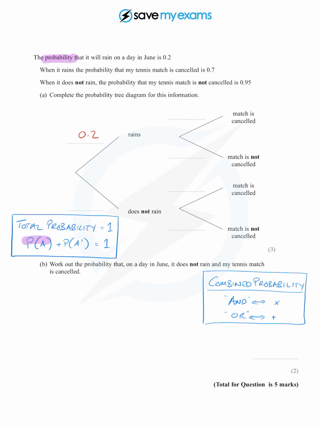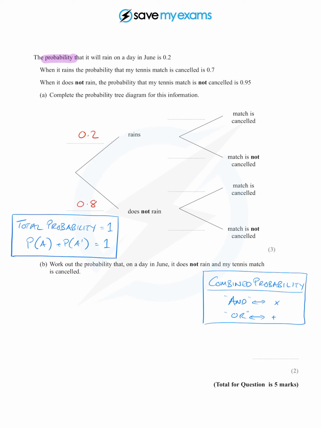Or in other words, the probability of A happening, let's call A raining, plus the probability of A not happening, that's what the dash tells you. So that's probability of A plus the probability of not A, in this case rain and not rain. The probability of those two things must add up to 1. And so what adds up to 1 with 0.2? Answer 0.8. Okay, so I can say 0.2 plus 0.8 is 1.